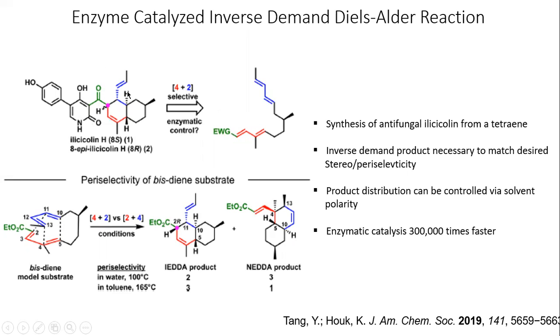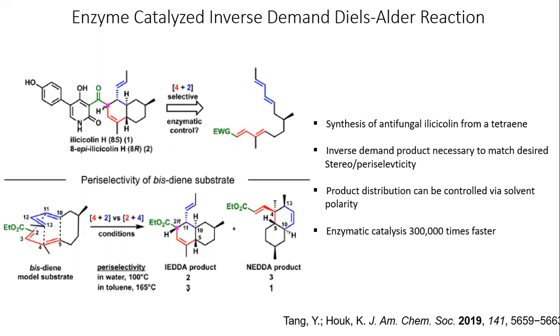This is the product that they were aiming for, elysicolin H, or they call it 8-epi elysicolin H, right? So this proton right here is the difference between those two compounds. Elysicolin H, 8S, has this on a wedge, if I'm not mistaken, and then the 8-epi has it on a dash. So this is a really cool experiment.